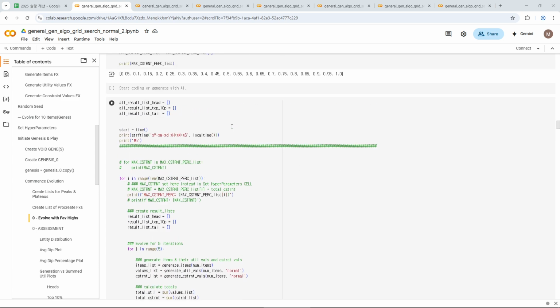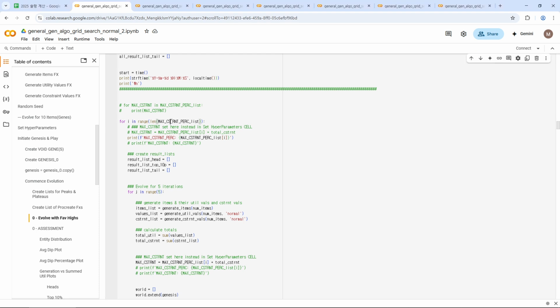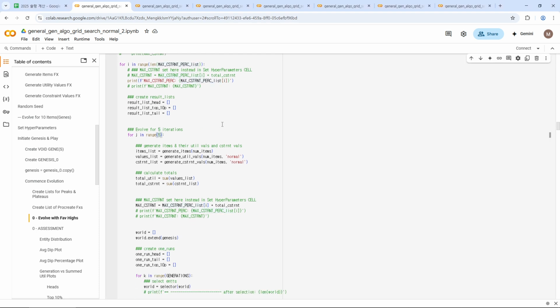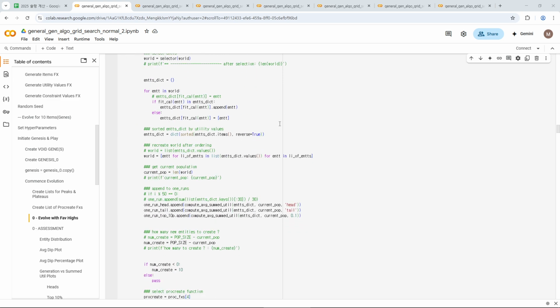And this is how it goes. Per maximum constraint percentage, we do it 5 times, and evolve it over 500 generations. However, per iteration, we generate the items and the 2 sets of values, and then calculate the total utility and the total constraint, and on we go.